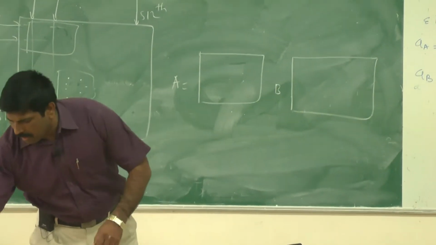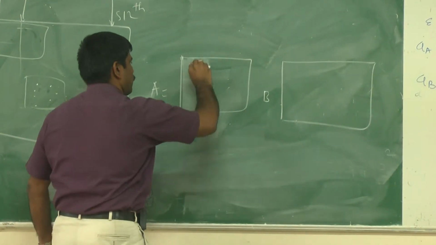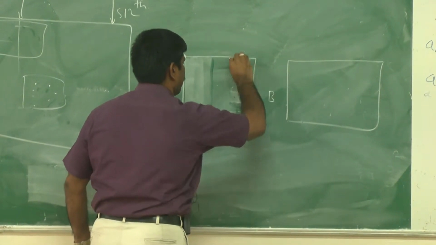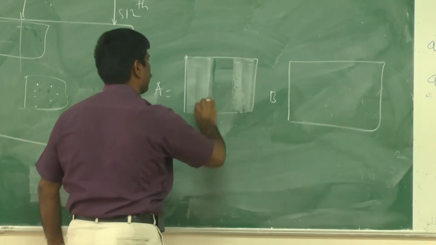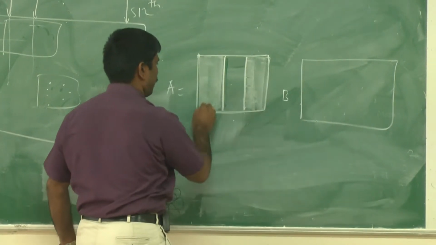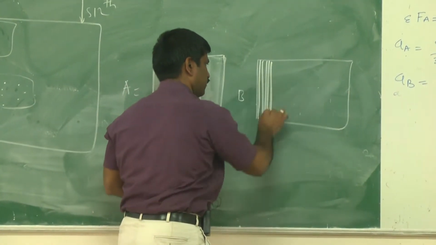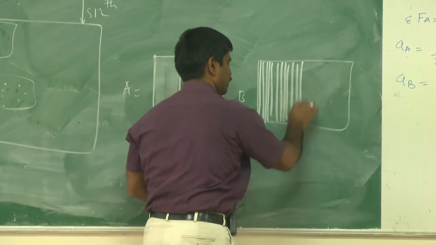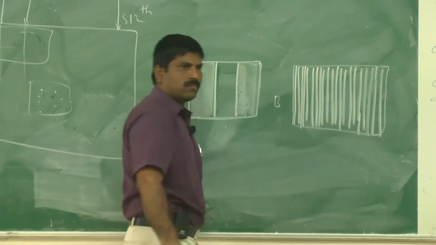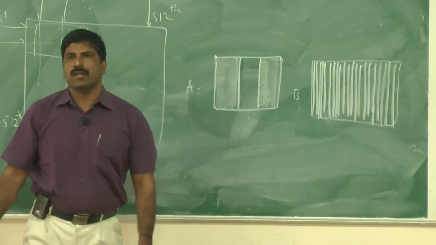Now this image A, okay, and image B is there, which contains several vertical lines. Now in image A, how many vertical strips are there?